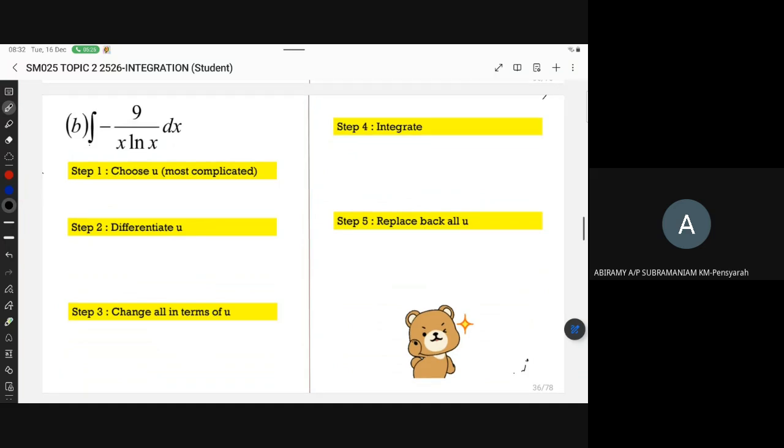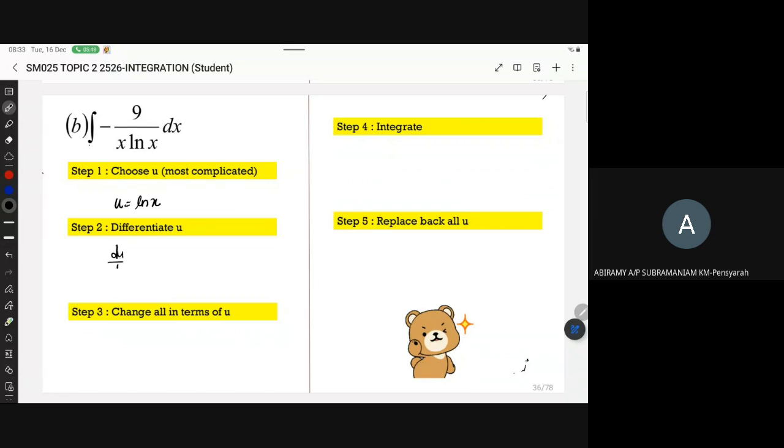Now let's look at example 9b. In example 9b, we are supposed to integrate negative 9 divided by x ln x. So choose u, and the tip here is that u is the most complicated part compared to x ln x. ln x is more complicated. Now differentiate u.